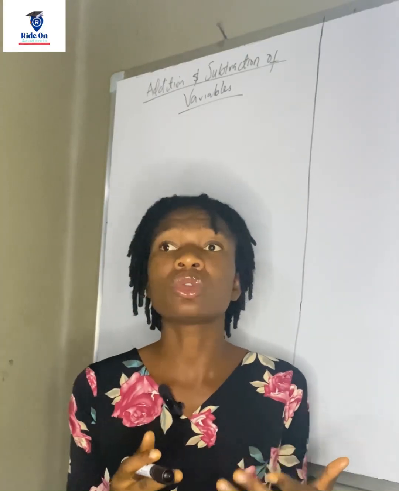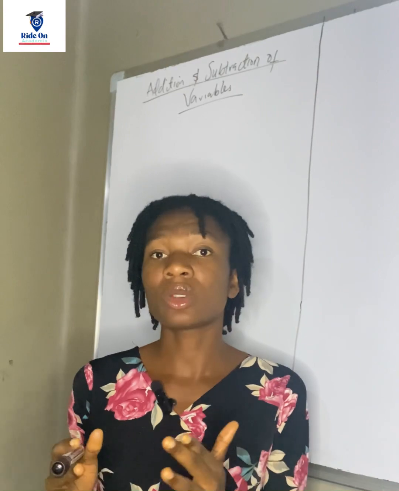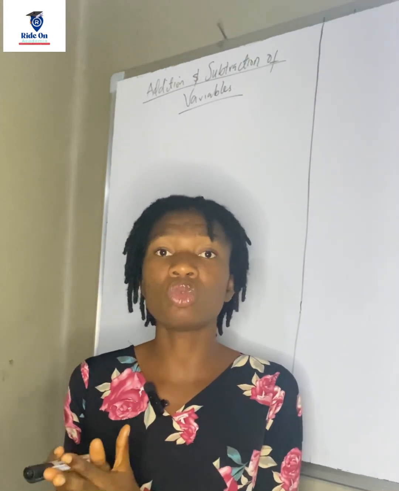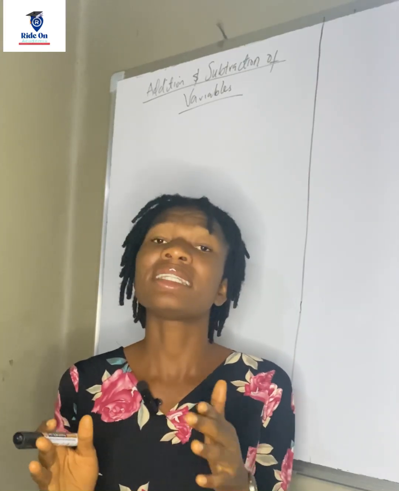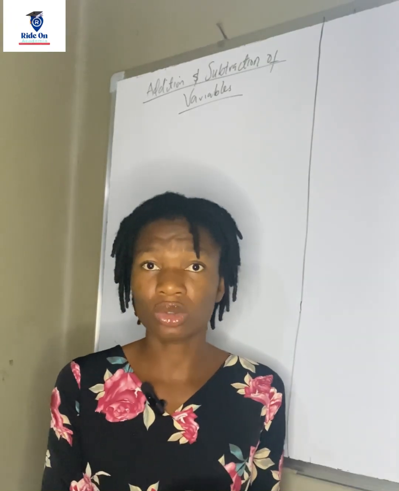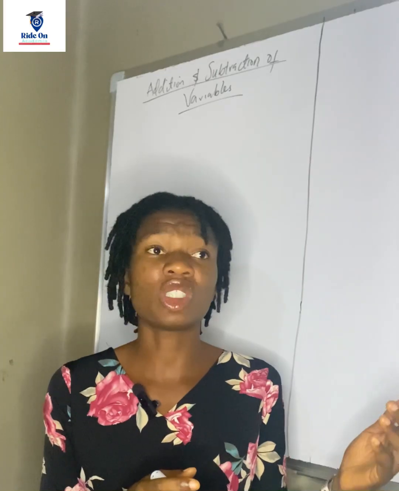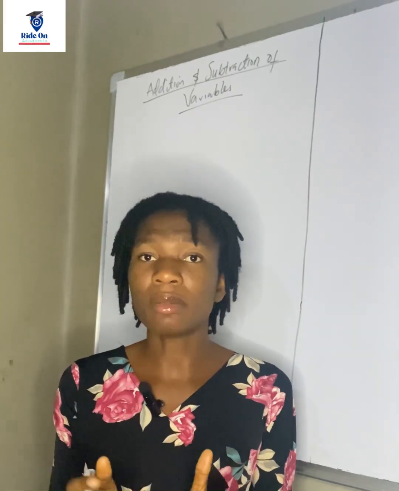So today we want to be looking at them separately, because for addition and subtraction of either variables or surds, we have a different rule, and at the same time we also have a different rule when it comes to multiplication of variables or multiplication of surds. So today we want to be taking them step by step.